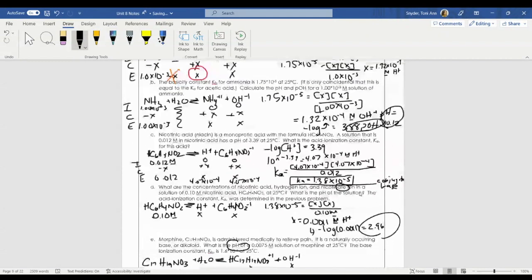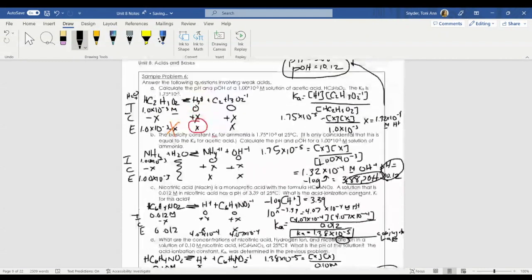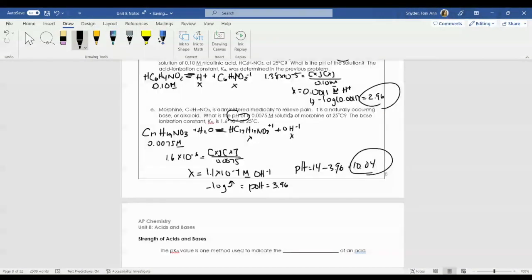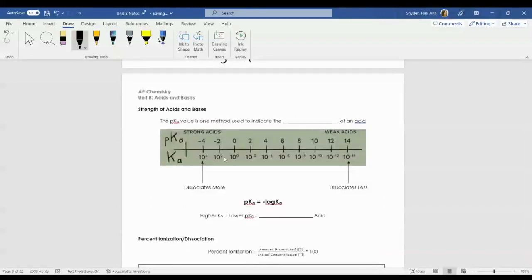So I think we could compare A to C. So in this case, because acetic acid has a slightly higher Ka, that means that acetic acid is a slightly stronger acid because it dissociates into more hydrogen ions. And we can see that by looking at our values for Ka. So the higher the Ka means the more dissociation that occurs. But the lower the Ka means that it dissociates less, right?